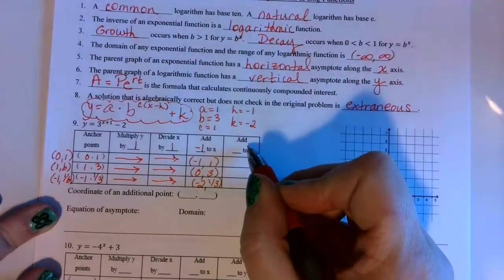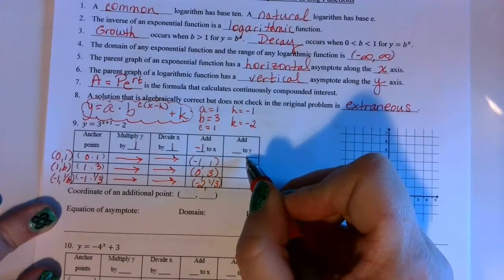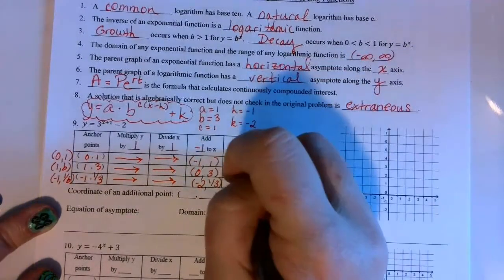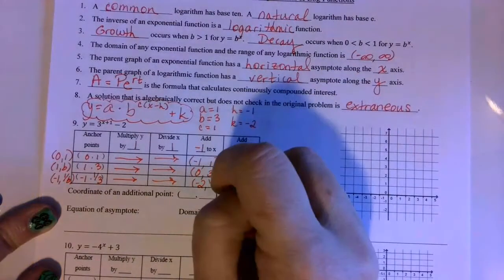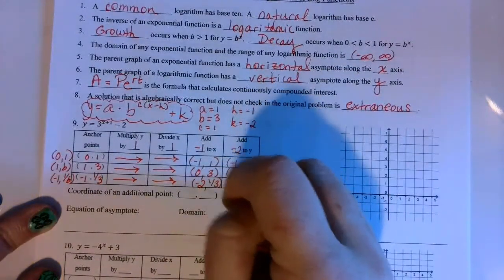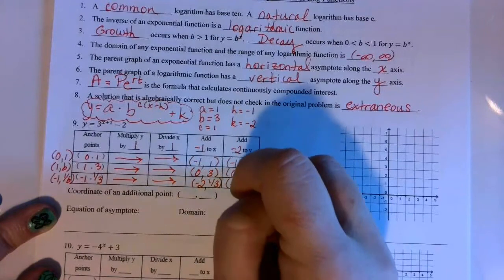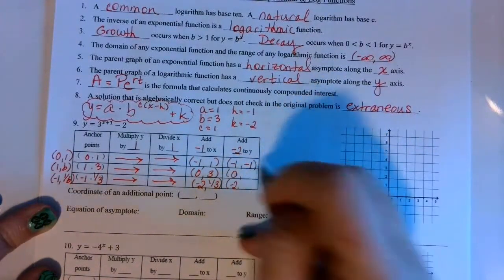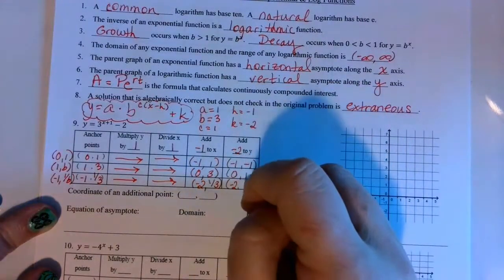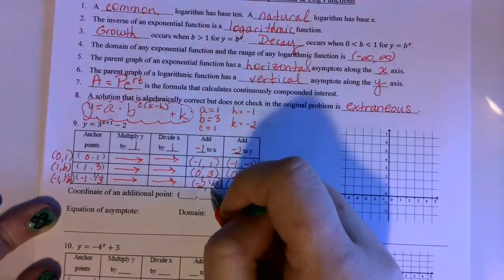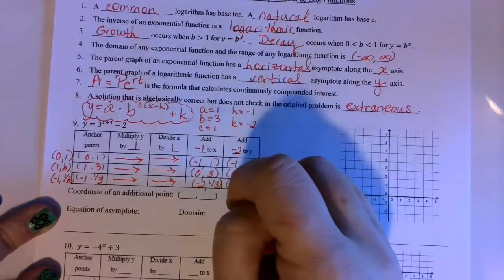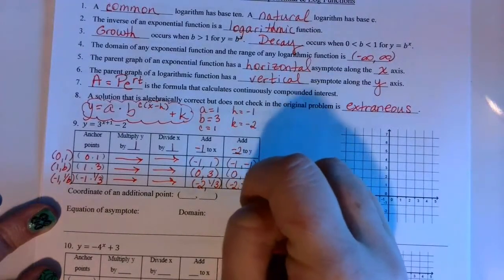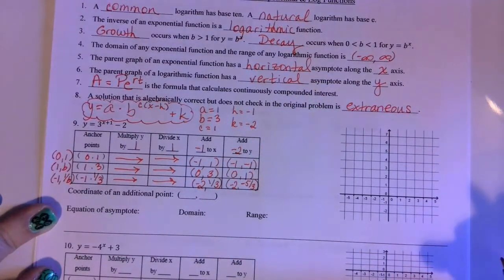Okay, then our vertical translation, we add the k value to each of the y coordinates. So we're going to add negative 2, and the x's will all stay the same. Then we have 1 plus negative 2 is negative 1. 3 plus negative 2 is positive 1. And 1/3 plus negative 2 is negative 5/3.